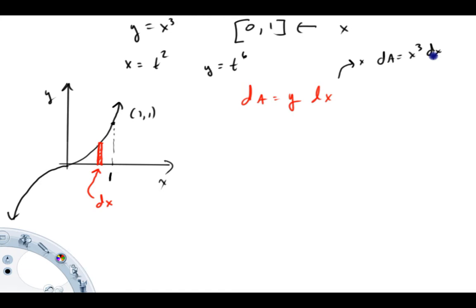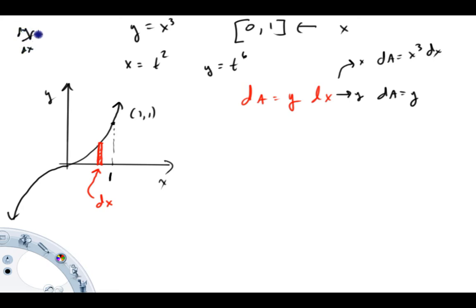The second thing we could do is shift this integral over to y's, believe it or not. It might look something like this. dA is going to equal y dx, and you can get your dx from here. dy/dx is equal to 3x squared. Let me write that off to the side.